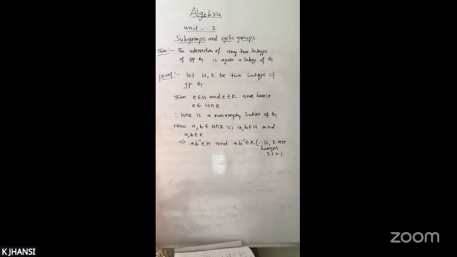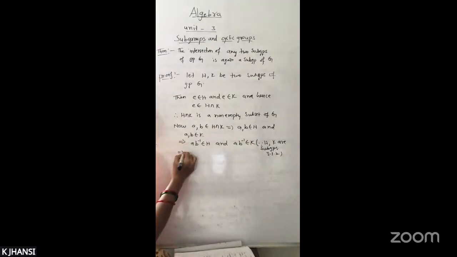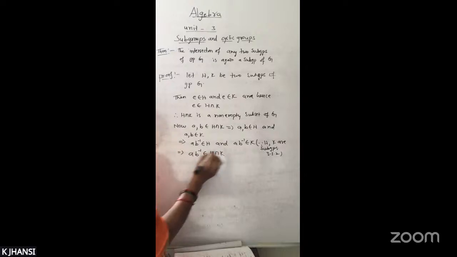Whenever ab inverse belongs to H and also to K, we can write ab inverse belongs to H intersection K.